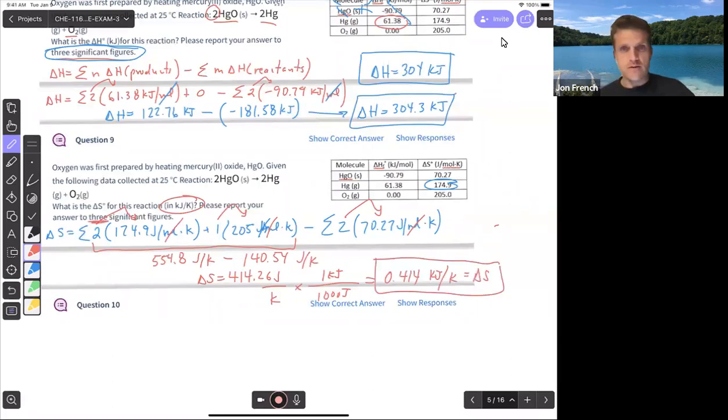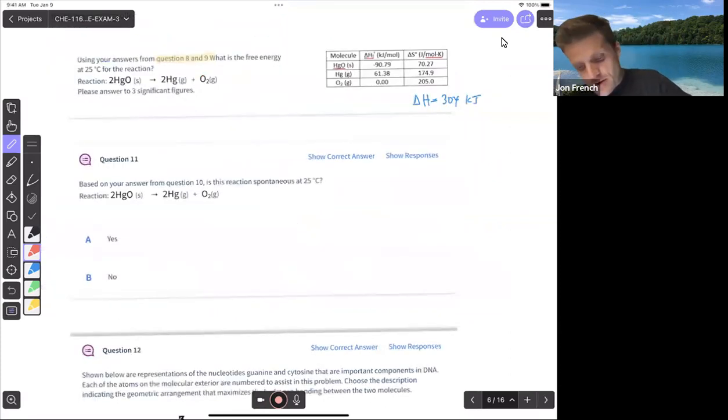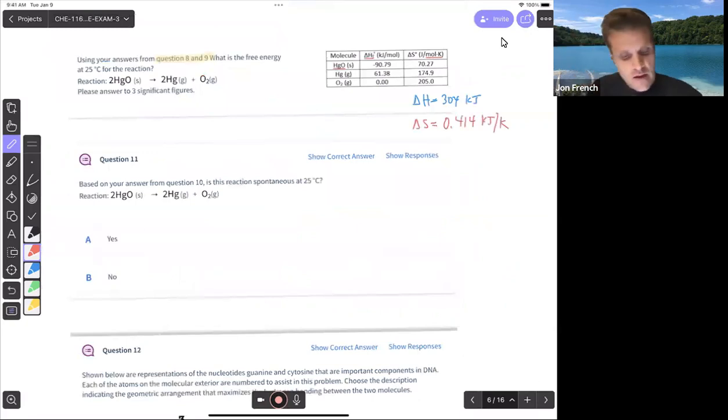Now we can answer question 10. All right, so entropy equals 0.414 kJ per Kelvin. So for question 10, it's a delta G calculation, free energy. So delta G equals delta H minus T delta S. We know it's not a summation calculation.